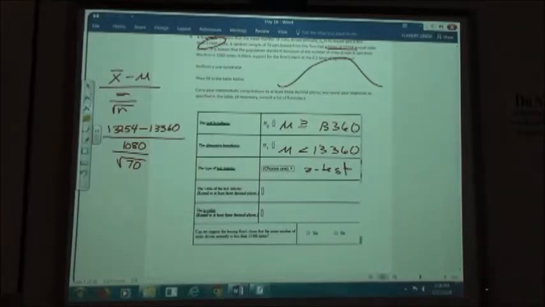Let's try it this way. Put in your negative 106. Divided by, and then put parentheses, 1,080 divided by the square root of 70, all in the same set of parentheses, because that's all together in the bottom.